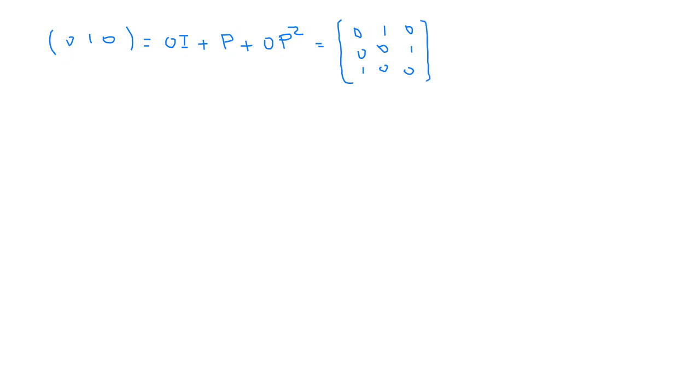Now I'm multiplying by d0, d1, d2. What is d0, d1, d2? Basically, I should have written it as d0 I plus d1 P plus d2 P squared. So you can imagine that we're going to have the following matrix.